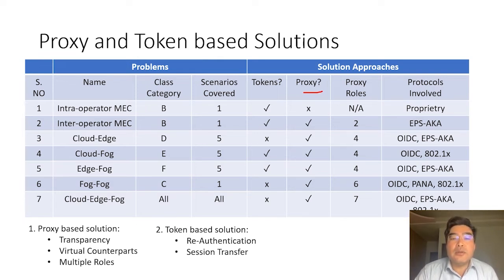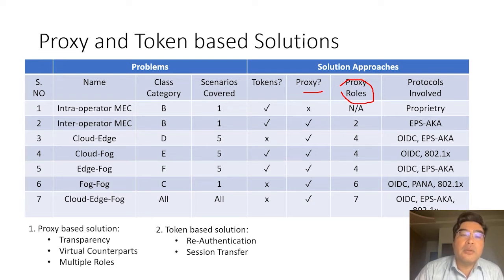In order to do that, the proxy in between should play some proxy roles, and these are the proxy roles we develop. You will see that there are at most 7 proxy roles to be played by the proxy, depending on between whom you are trying to federate.